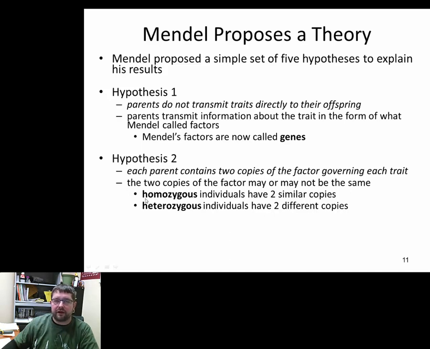And he noted that homozygotes, or homologous chromosomes, will have the same copy of the genetic material, in this case what he called factors, which we now call genes. So if you're a homozygote, you will have the exact same gene on both your chromosomes.